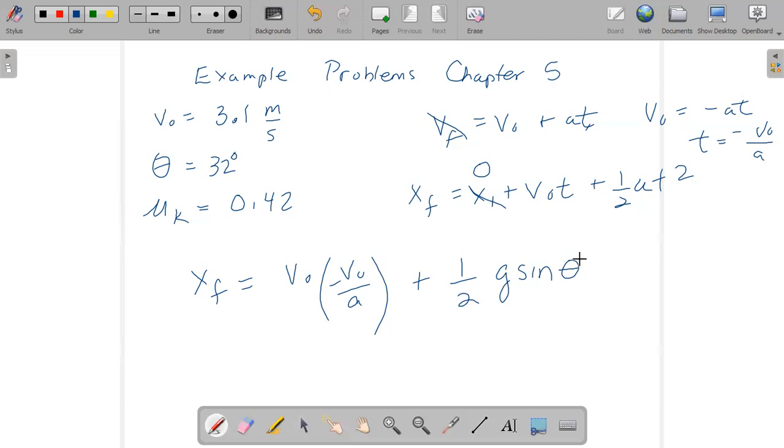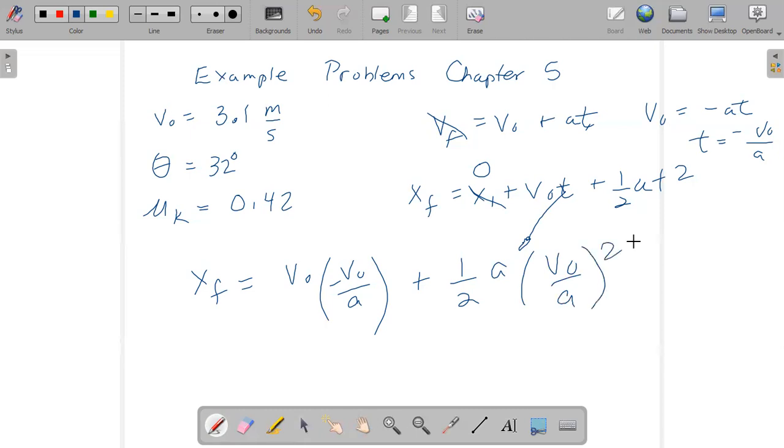Oh, they didn't write it as G sine theta. We'll keep that A out of there for a minute. One half A times V naught over A squared.